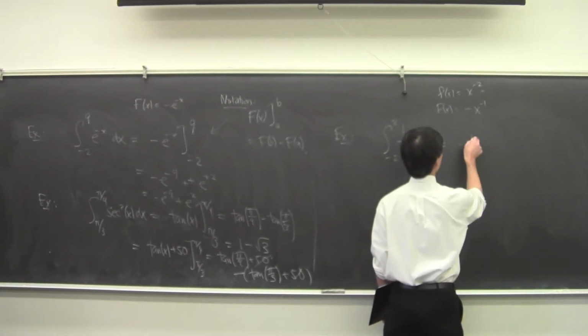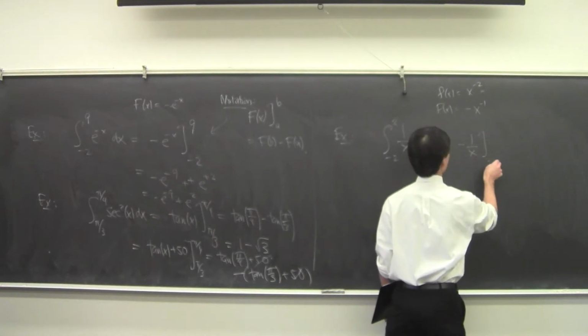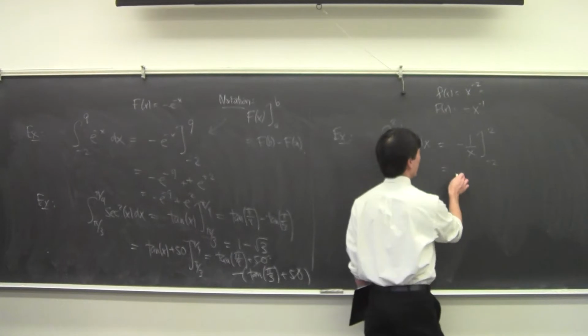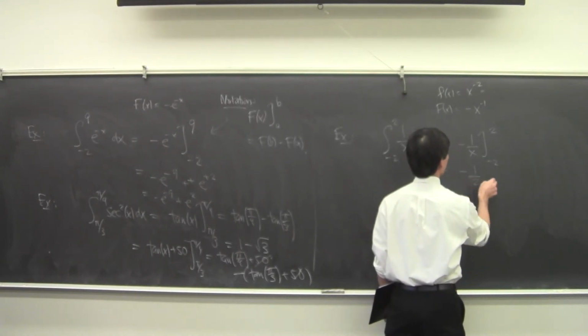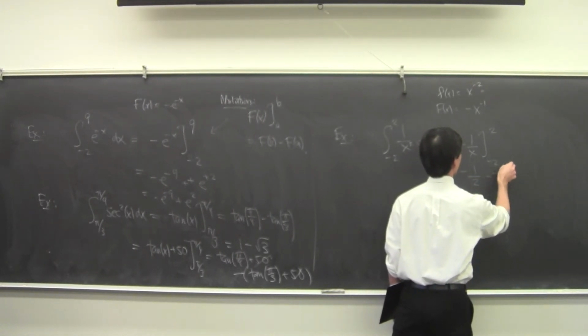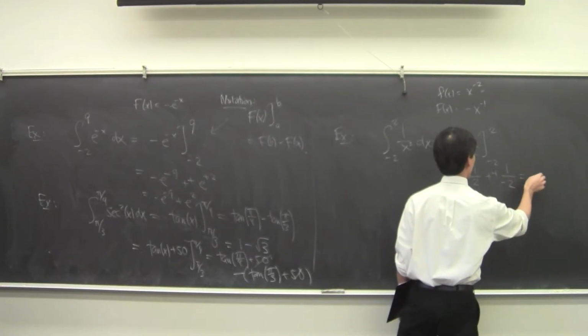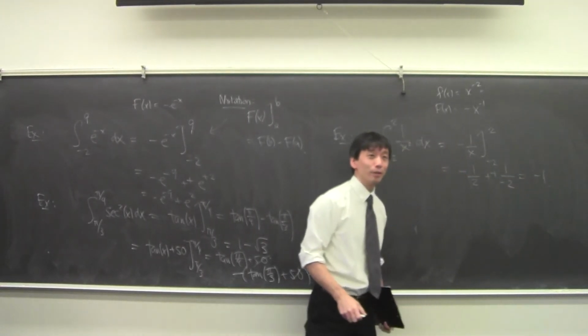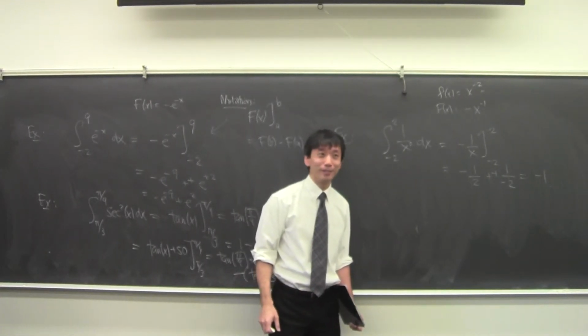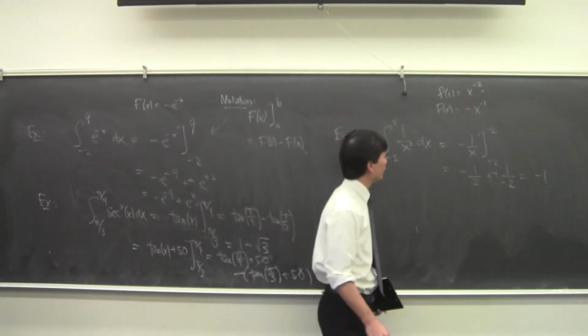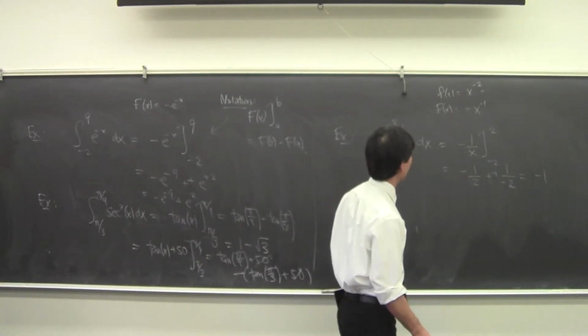So you evaluate negative x to the -1 between -2 and 2. And so you would get -1 over 2 minus -1 over -2. And so you end up with -1. Is it 0? No. It's -1.